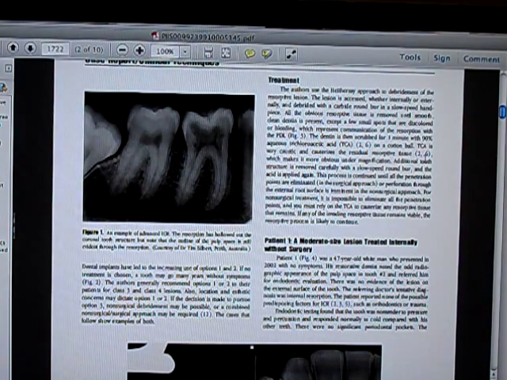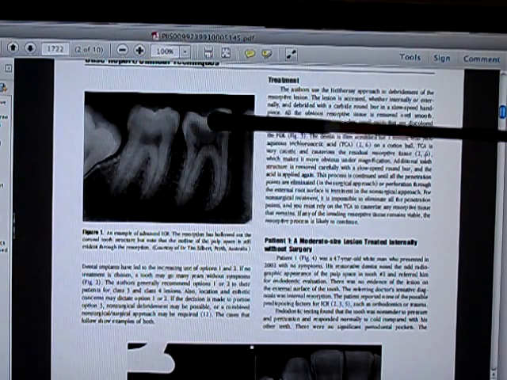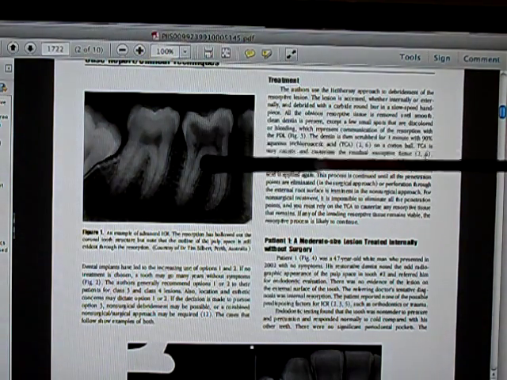Now, I want to tell you the reason this matters. If you think this is caries, if you don't recognize this as resorption, and you think it's caries, you're going to drop a burr in there, and this thing is going to bleed like crazy and freak you out. These are highly vascular. The blood supply here is not continuous with the pulp.